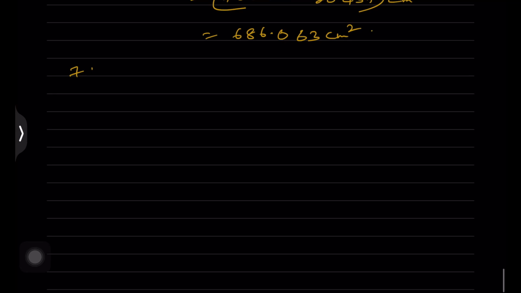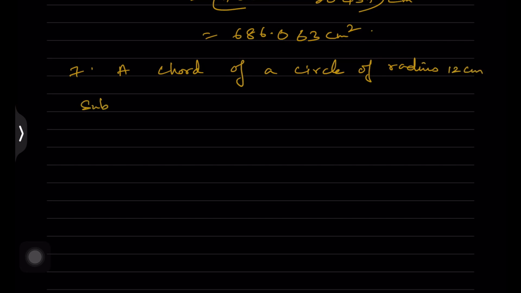Now seventh one, a chord of a circle of radius 12 centimeters subtends an angle of 120 degrees at the center.